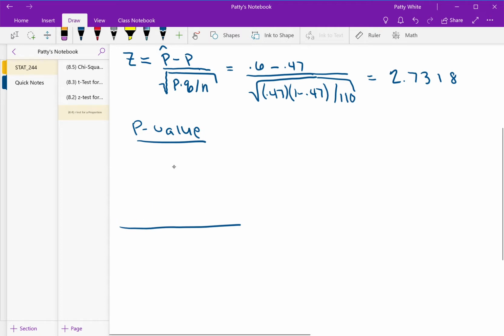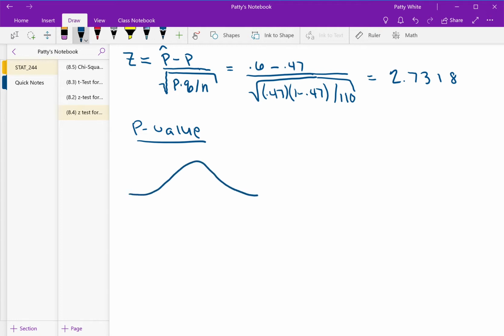Okay, we'll try one more time. And 2.73 is maybe somewhere over here. So let's say that's 2.73. Our p-value is the area in the tail from this test statistic all the way to positive infinity. So I want to know this area. Well, we have a way to do that.